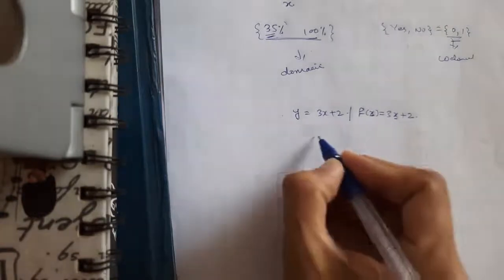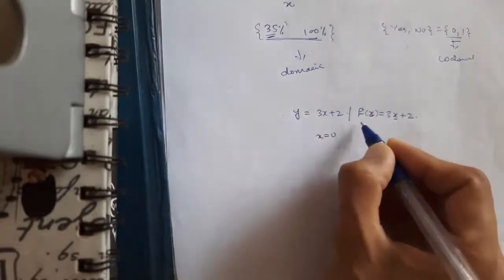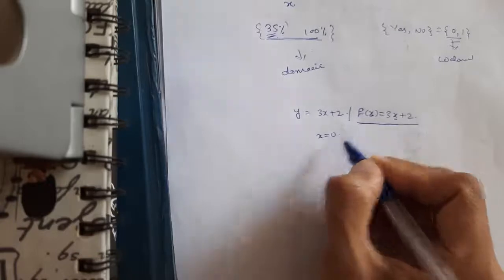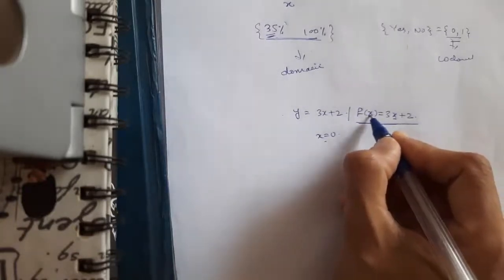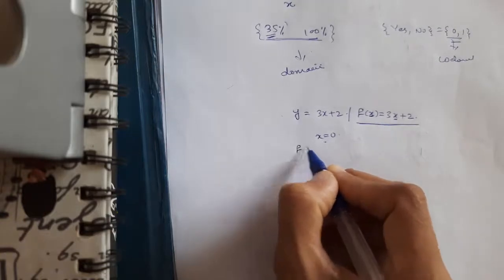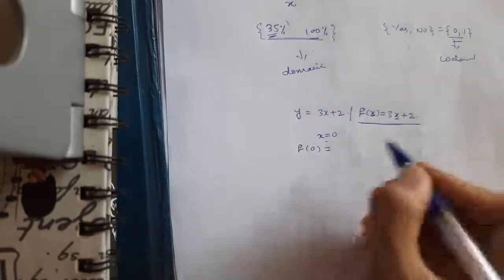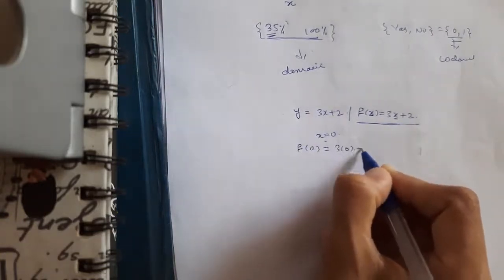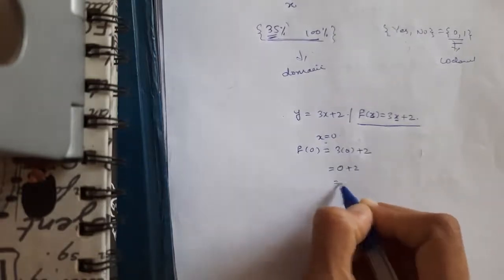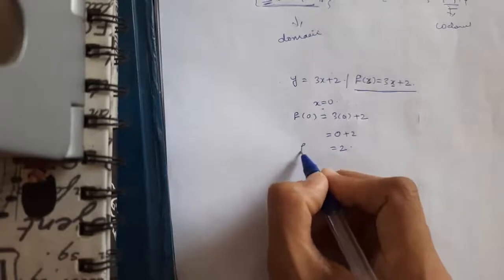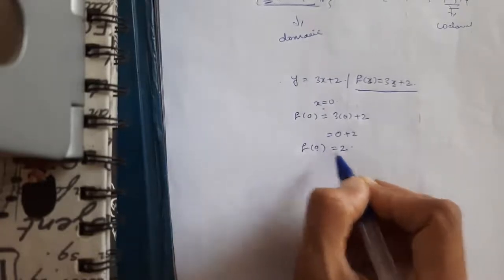So for x equal to 0, if I want to calculate the value of this function at x equal to 0, what will I do? I will just replace this x with 0. So I get f of 0 equals 3 into 0 plus 2, which equals 0 plus 2, that is 2. So my function value at 0 equals 2.